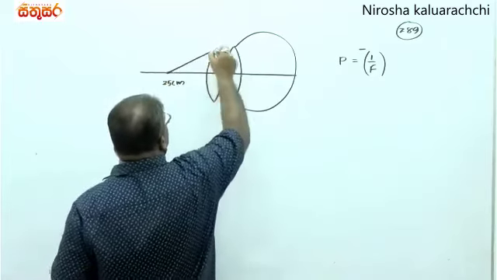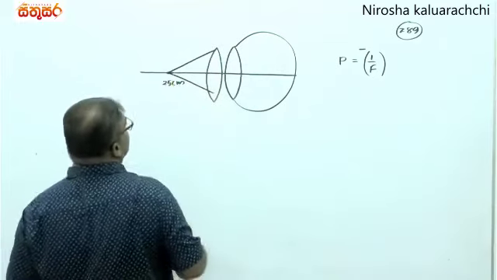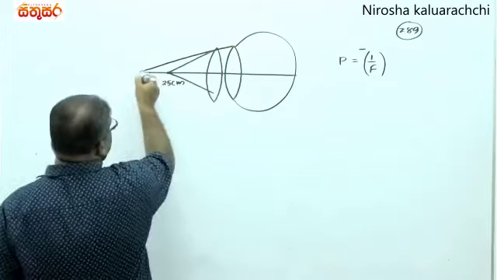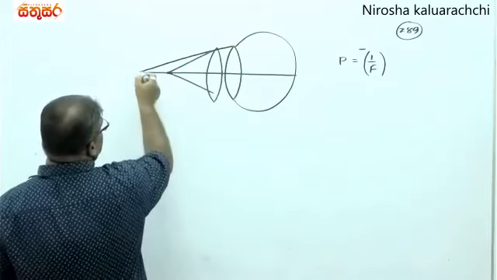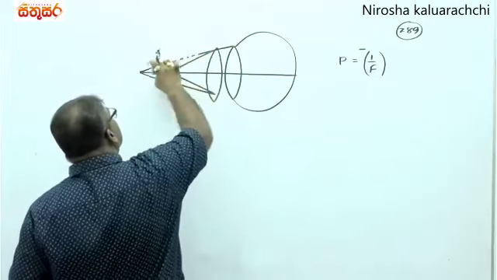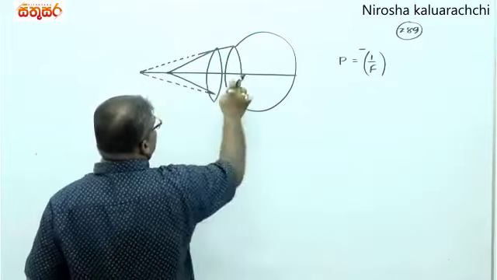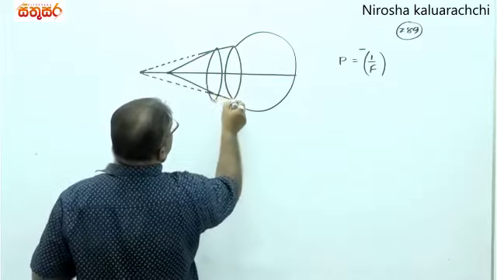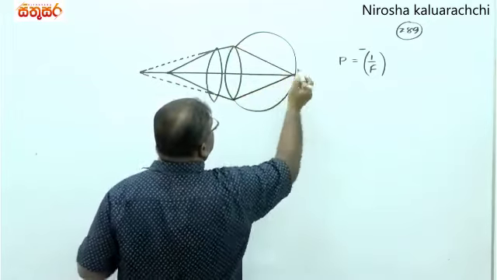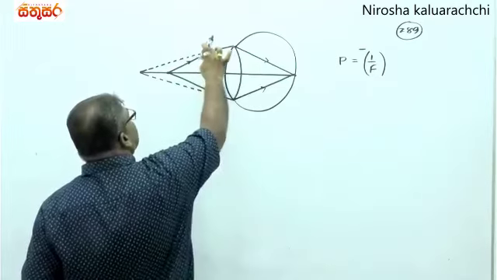Then the light rays that are coming right here will form the image at a point behind the object. It is virtual one. This one serves as the object to the eye lens to form the image on the retina. This is called corrected eye, like this.